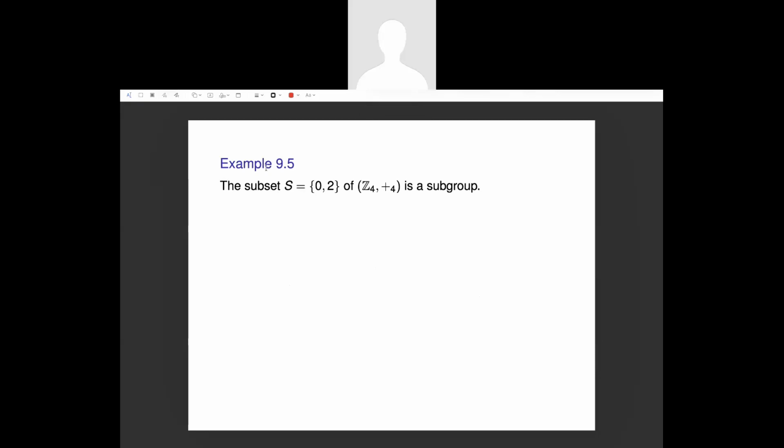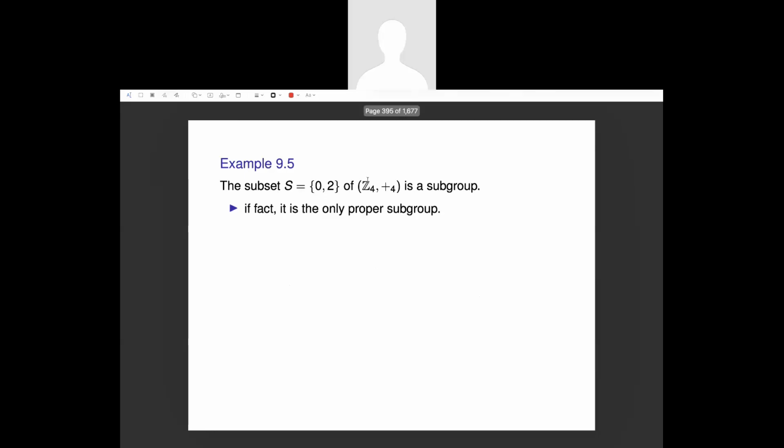Now I take a different type of example. In this example, S is equal to {0, 2} in Z4 under addition. Is it a subgroup or not? Clearly this is a subset of Z4.